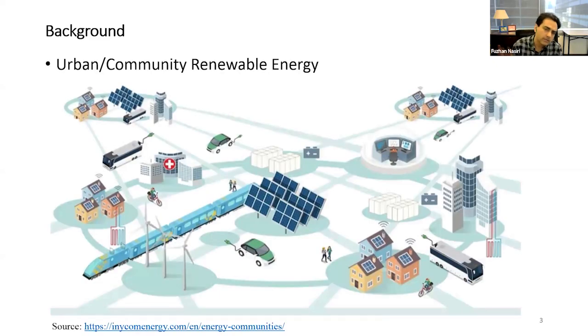This picture is an ideal picture of what we can call urban community renewable energy. It shows many distributed points generating heat, electricity or cooling capacity with renewable energy, dispersed across a wider geography.